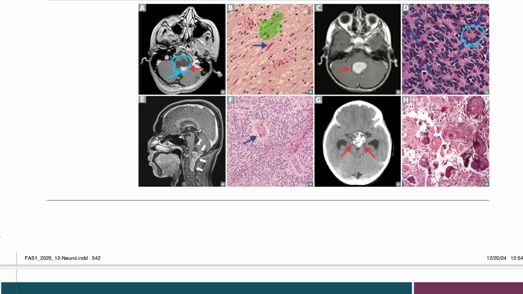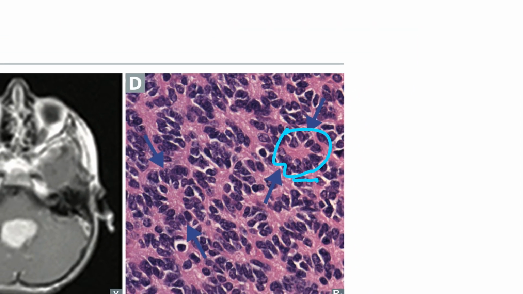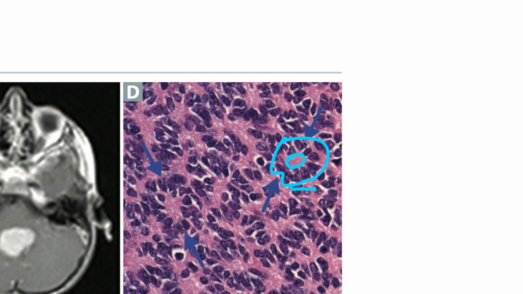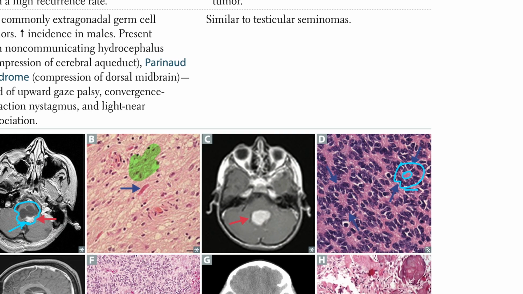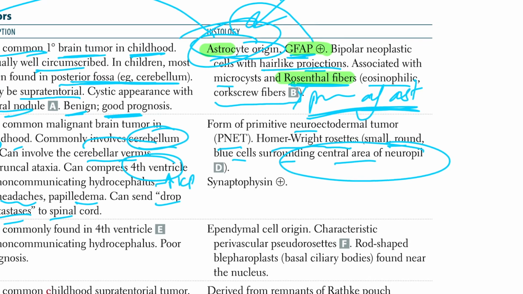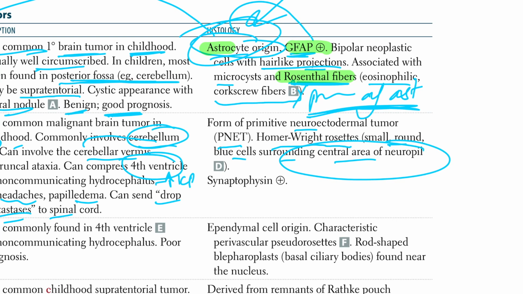So let's take a look at that again. Central area, they are surrounding what? A central area. And that central area is the neuropil. Why can't I zoom out? Okay, here is an area of neuropil. It's synaptophysin positive. That's also important.